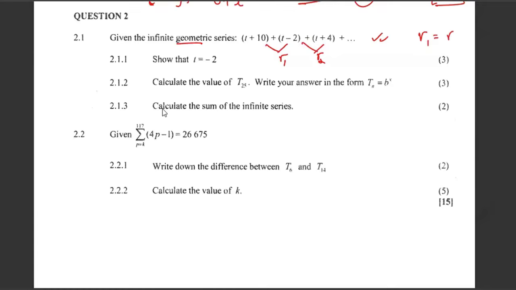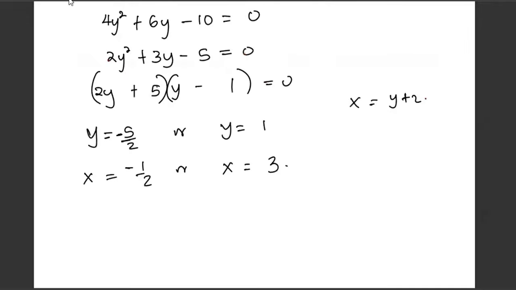The common ratio of a geometric must always be just the same. Okay, so if I'm to write this side, we know that the pattern was t plus 10, then we had t minus 2, and then t plus 4.